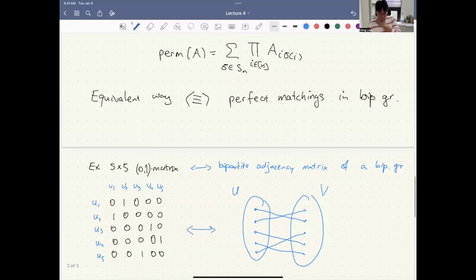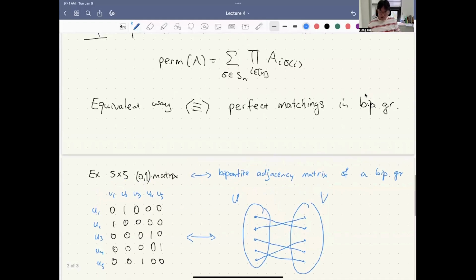And if you look at the permanent, we take a product over a transversal, i and sigma(i). Here, if you take the product over any transversal, it will be 0, unless you take this particular transversal corresponding to the permutation sigma.